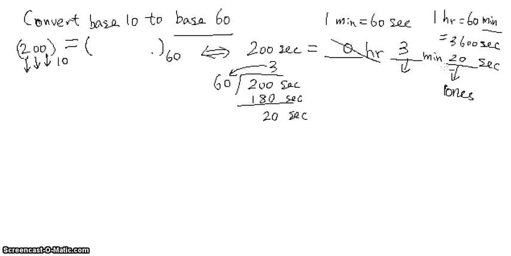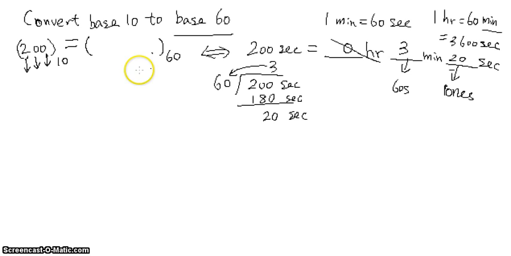One digit will always be one number; you will not have 2 digits in one position, so each digit represents either 1 or 10 or hundreds. But in base 60, you could have 2 digits in one position, which just represents ones, and this 3 represents 60s. You can verify that 3 sixties is 180, plus 20, that's 200 seconds.